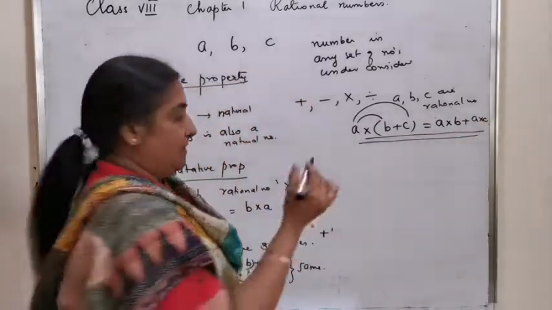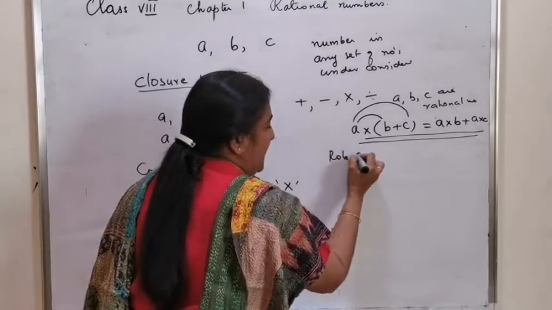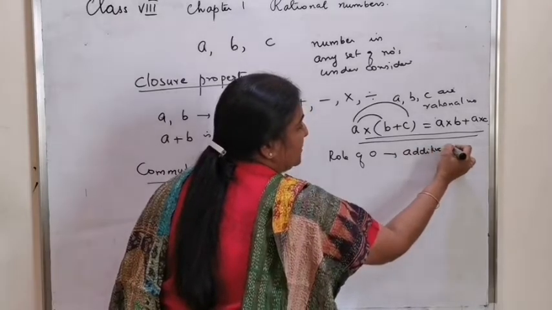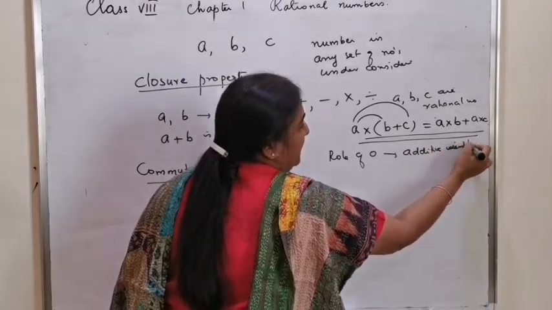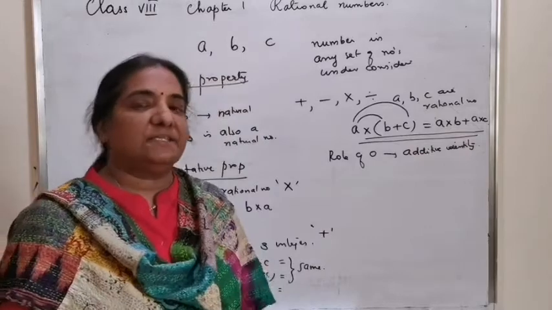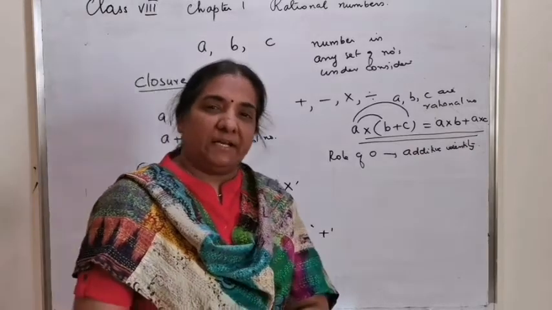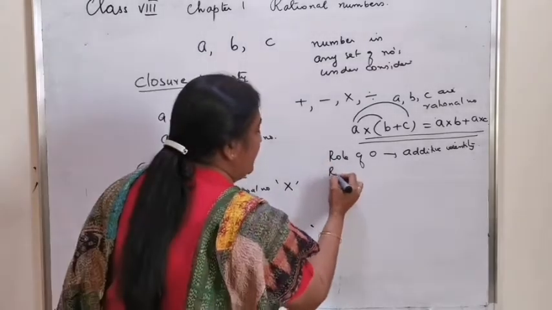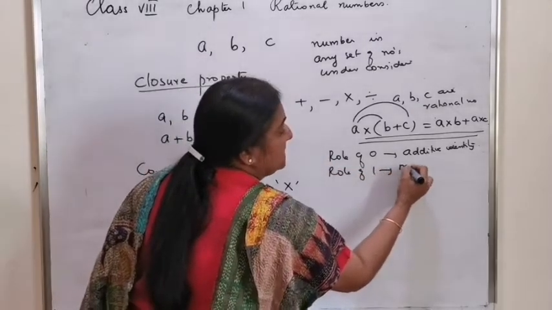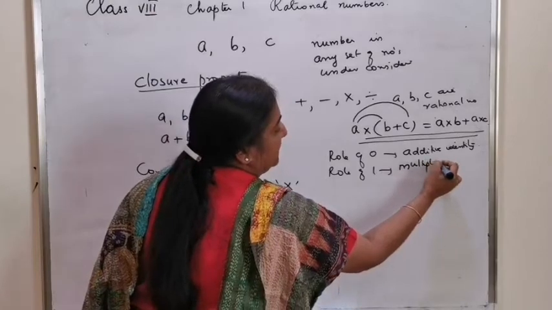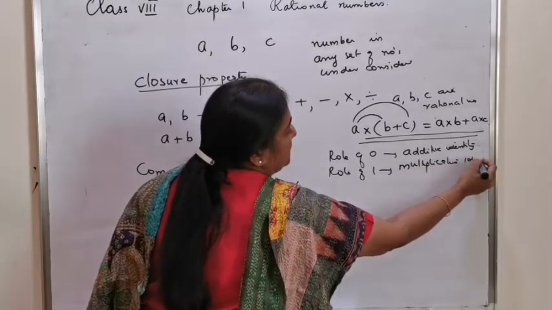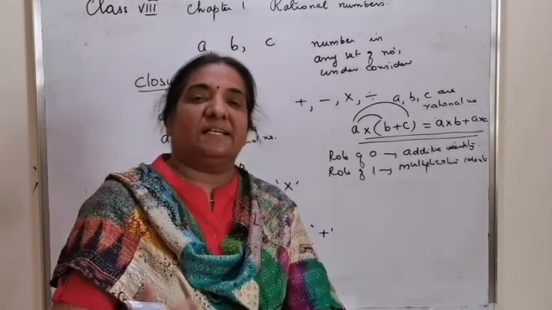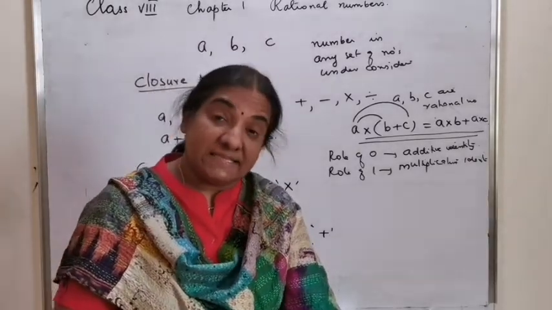Then the role of 0 as additive identity, which means that if 0 is added to any number, the final sum will be the number itself. Role of 1 as multiplicative identity: when 1 is multiplied with any number, the resulting product is the number itself.